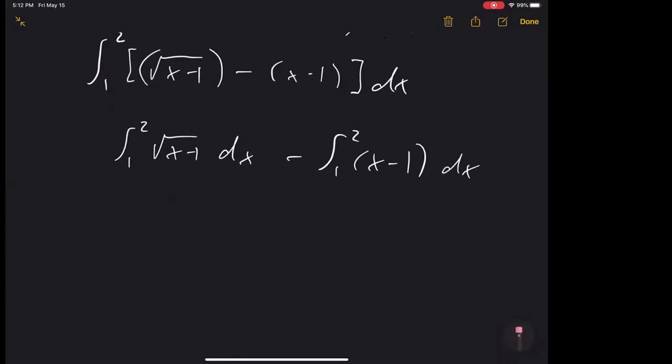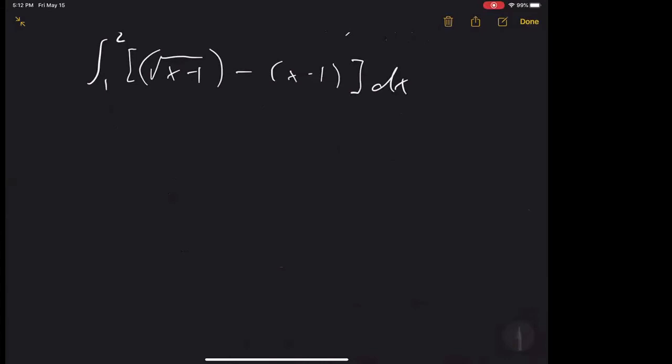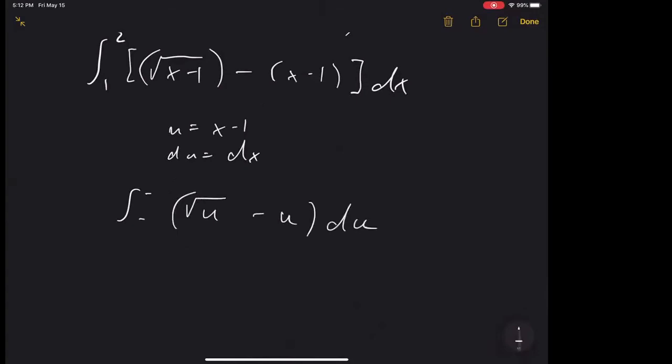Let's see, I need to do u substitution. I could do u equals x minus 1, then du equals dx. So this integral would become the integral of square root of u minus u, du.